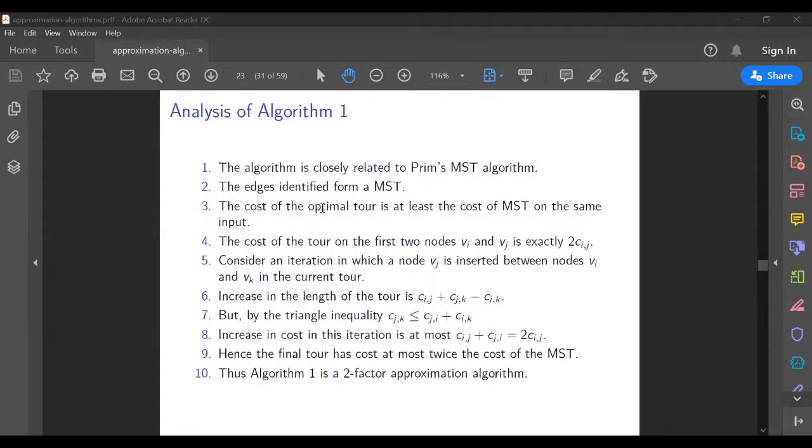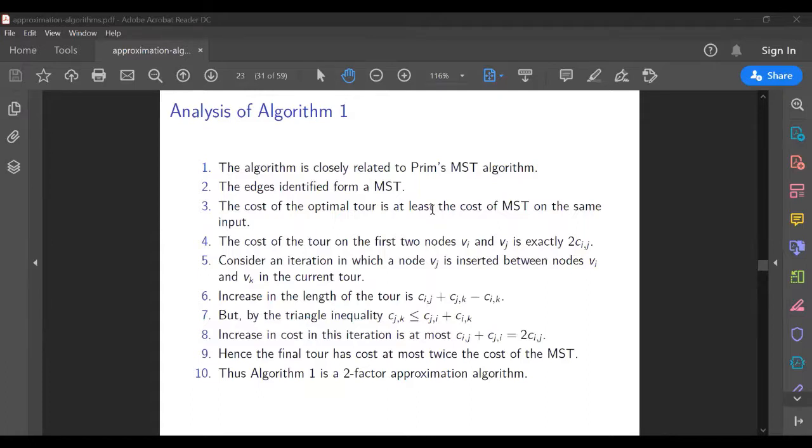So now, the minimum cost spanning tree: there are two algorithms available. What I mean by minimal cost spanning tree is that you should include all the vertices in the spanning tree with a minimal cost. In Kruskal's algorithm, we arrange all the edges in the ascending order of their weights.